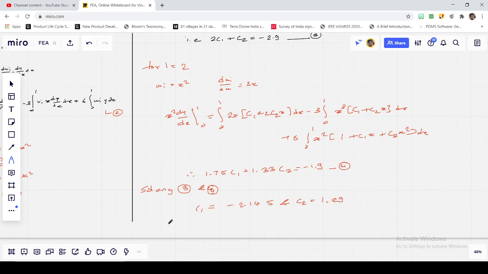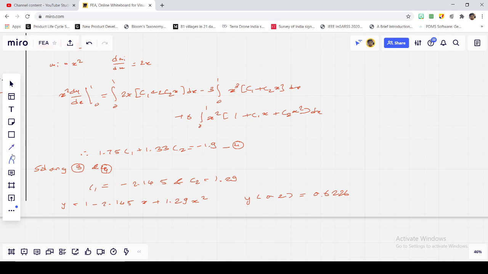So effectively your y becomes 1 minus 2.145 x plus 1.29 x square, and we are solving this for y at 0.2, so we will get 0.6226. This is the answer which you get by solving using Rayleigh-Ritz method.